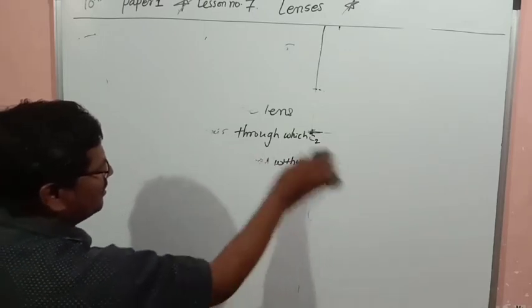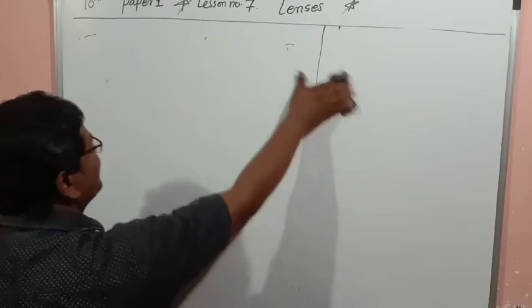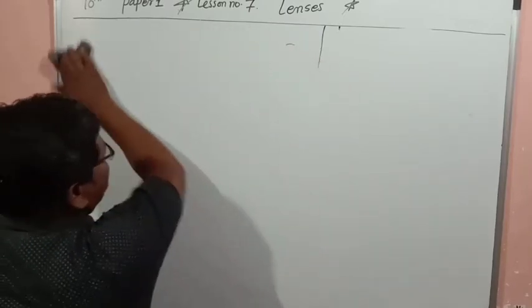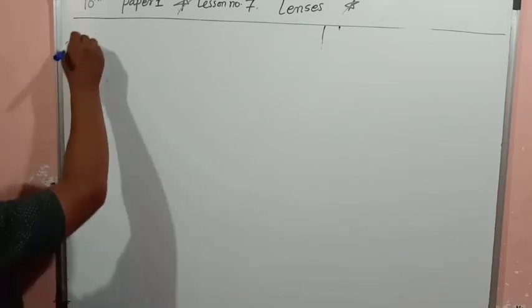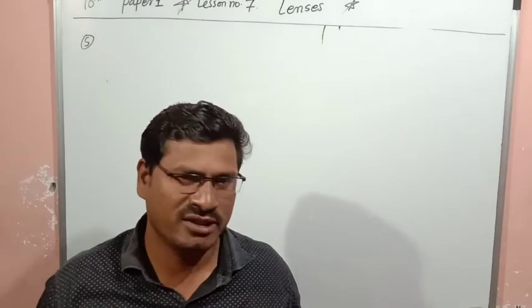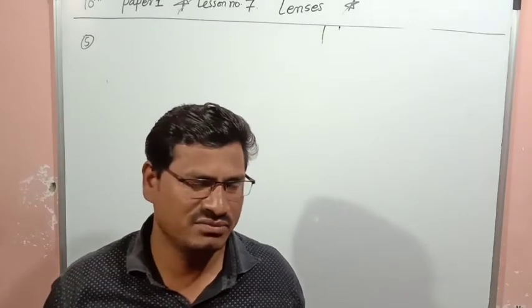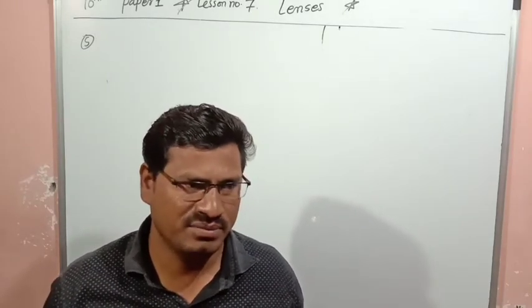I will give the definition for the principal focus. We will draw the diagram and then take the next term. Separately we will do definitions for the concave lens and the convex lens. So next term. Center of curvature, radius of curvature, optical center, principal axis.